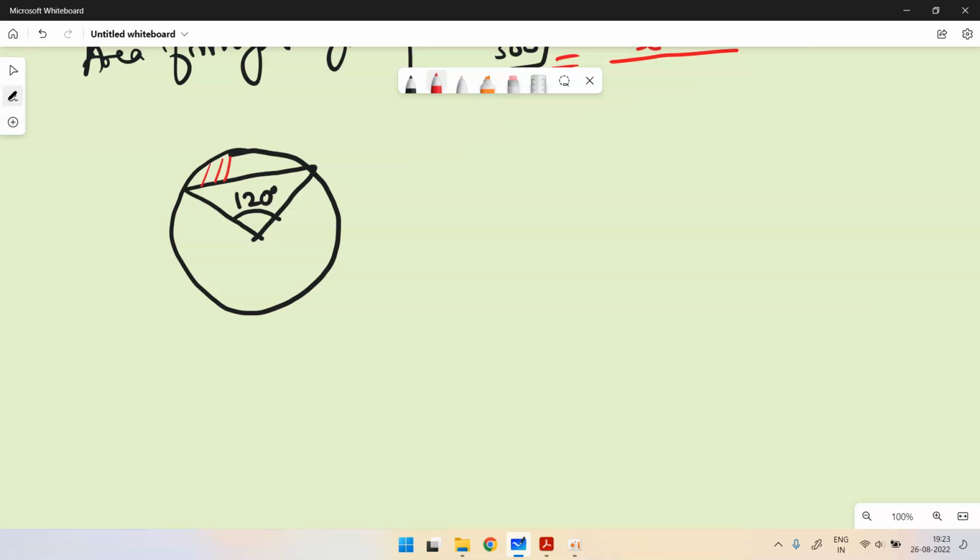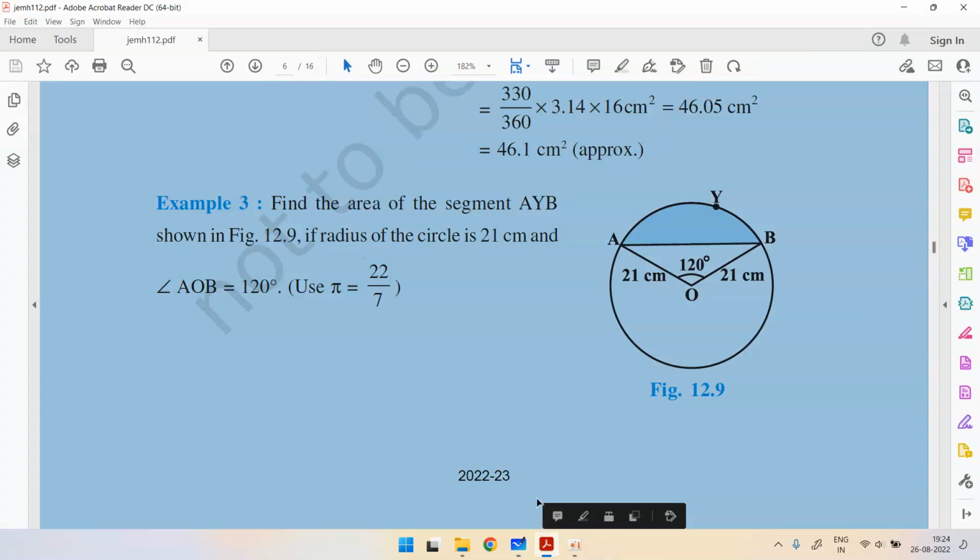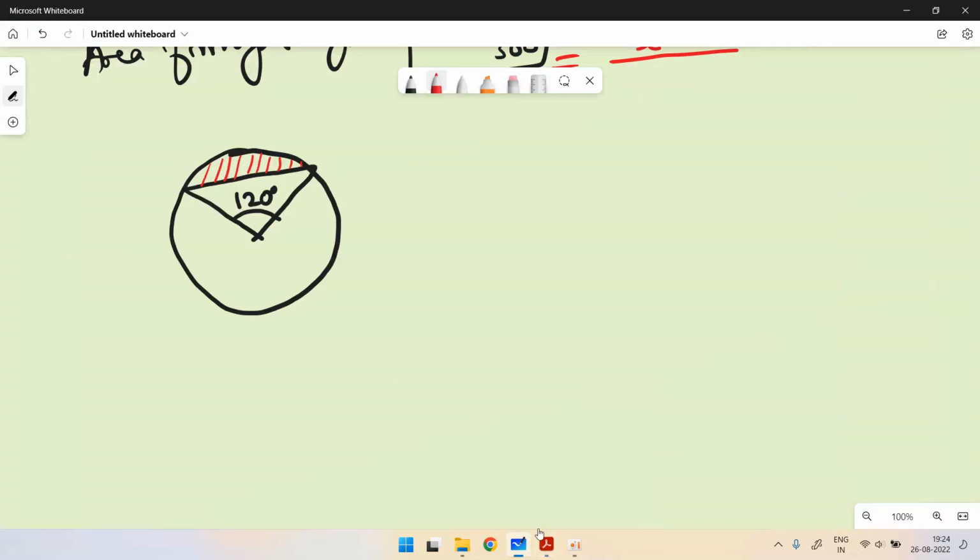We need to find the area of the shaded part. Radius is 21 centimeter. What is AYB? And this is O.